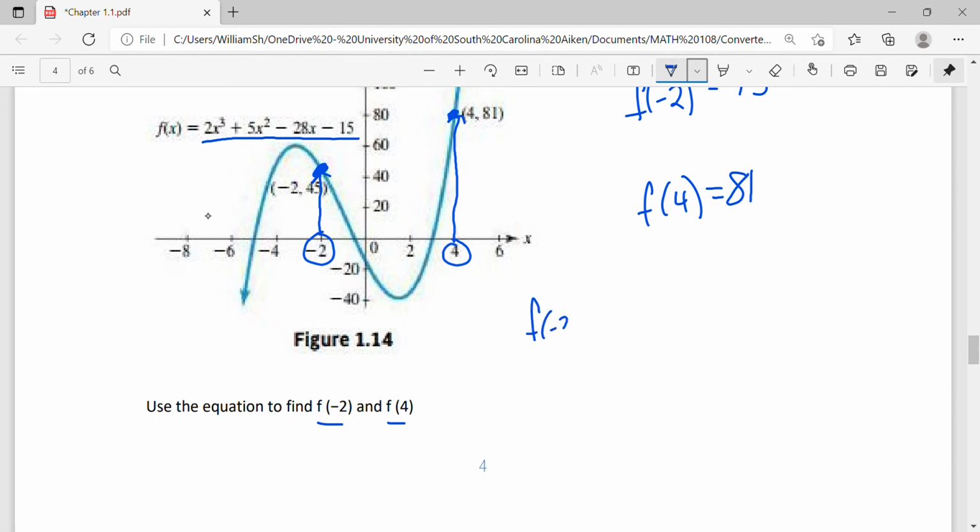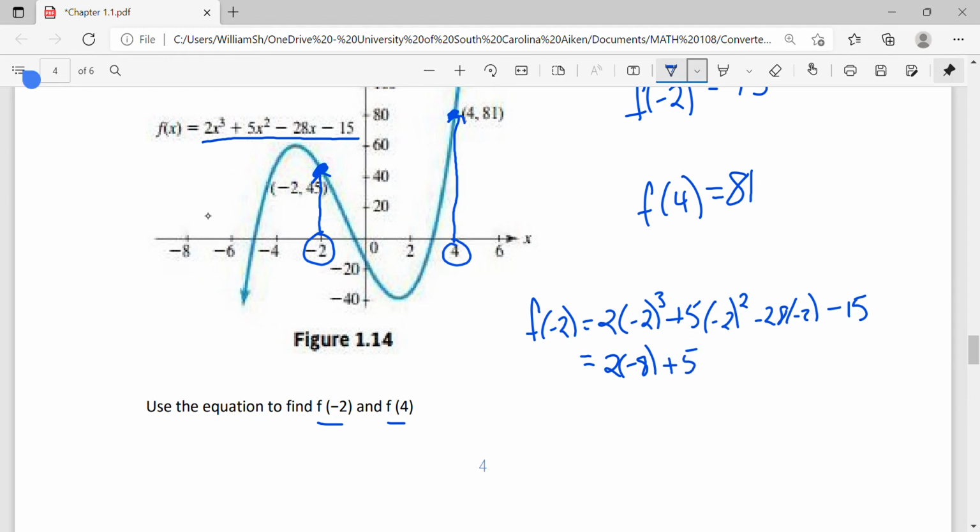F of negative 2 equals 2 times negative 2 to the third plus 5 times negative 2 squared minus 28 times negative 2 minus 15. Okay, I'm going to simplify this. Negative 2 to the third is negative 8. So I get 2 times negative 8. Negative 2 squared is positive 4.